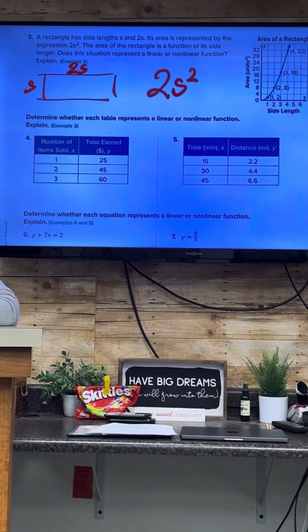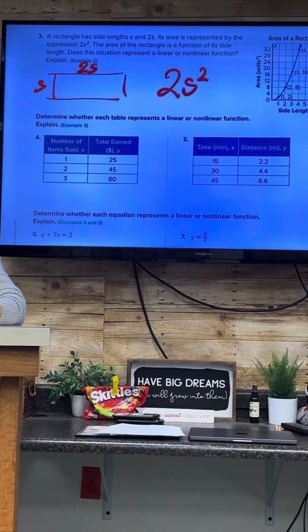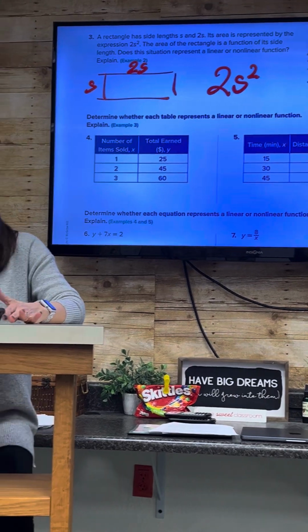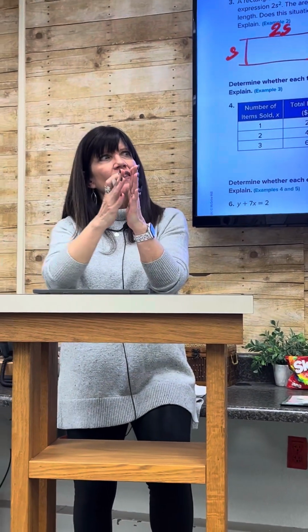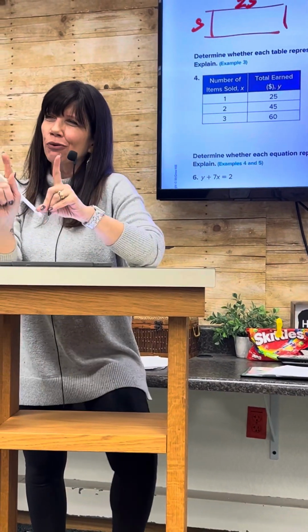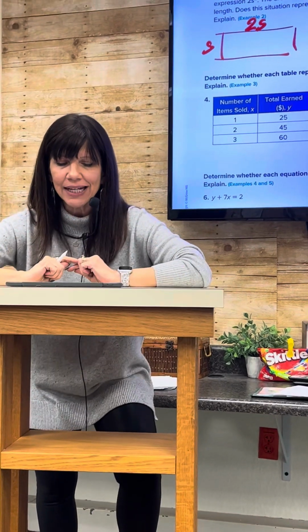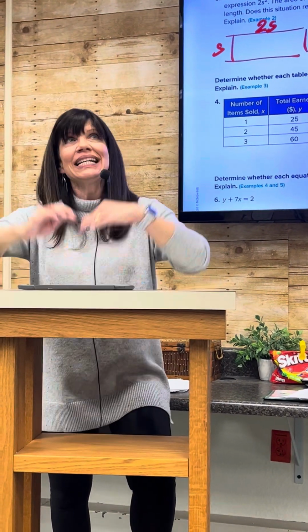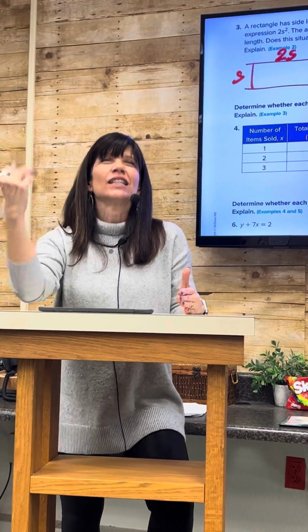The area of the rectangle is a function of its side length. Guys, this means that the length of the side does have a relationship to the area. But as we talked about earlier, when we are finding the area, is area by nature a linear measurement?